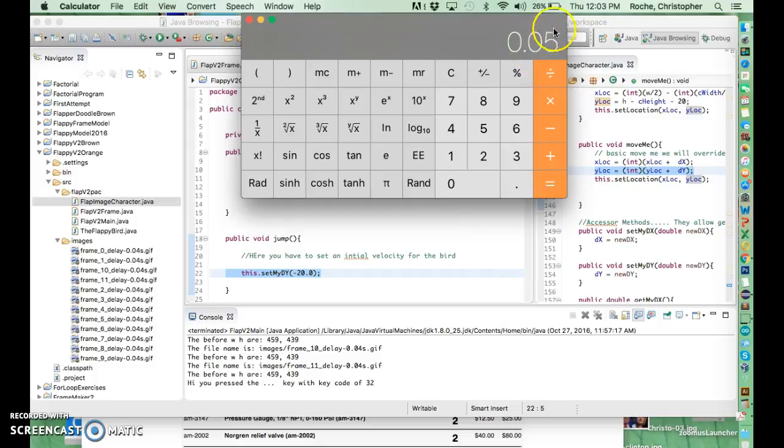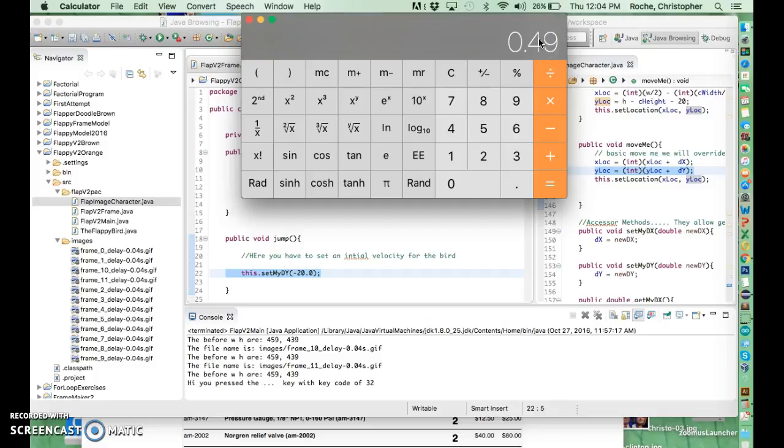We're running it in 0.05 second increments, right? So if it's 9.8 meters per 1 second, it's going to be 9.8 times 0.05. That's how much the change is per tick, okay?